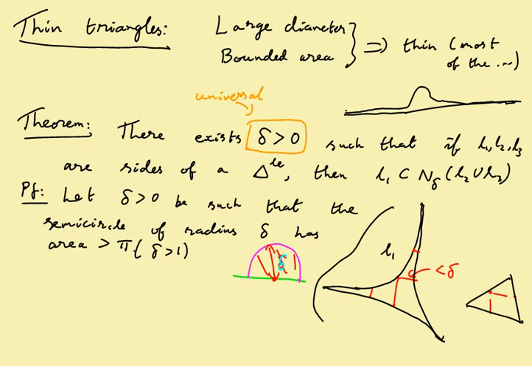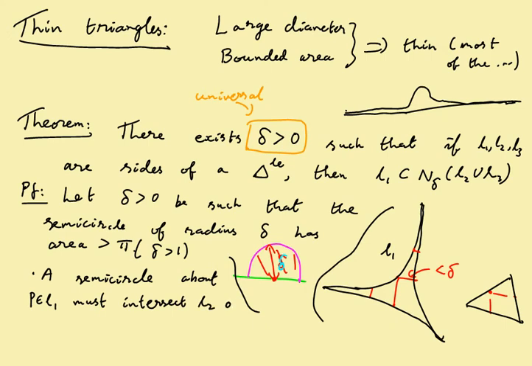So what is the argument? A semicircle about some point P in L1 must intersect L2 or L3. Let me take a final picture to show you this. We'll look at a Euclidean picture where this is false.